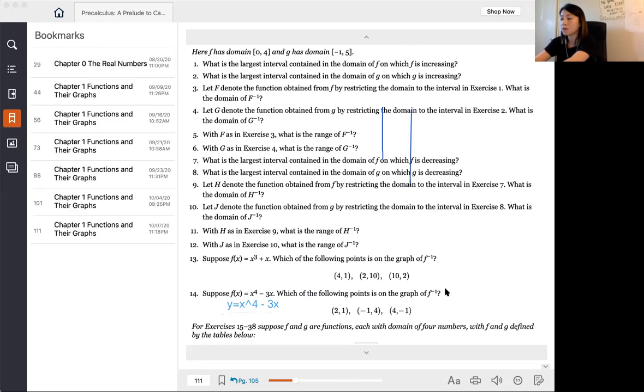So if I want the inverse of the function, we flip around our x and y. This is our inverse function, and this was my original. They want to know if these points are put into my inverse function, which one of those will work?